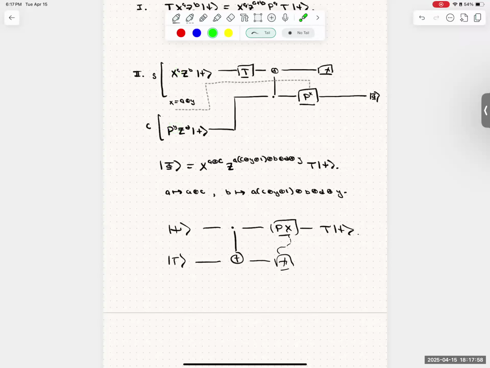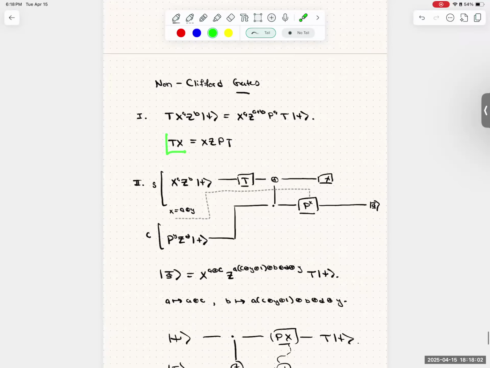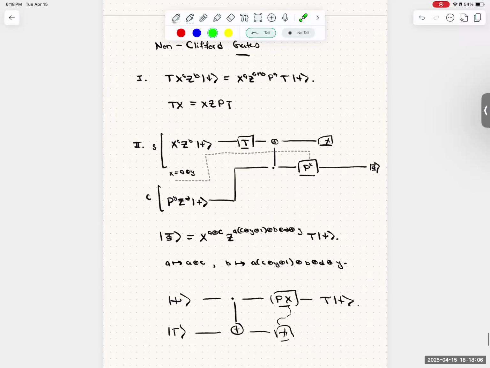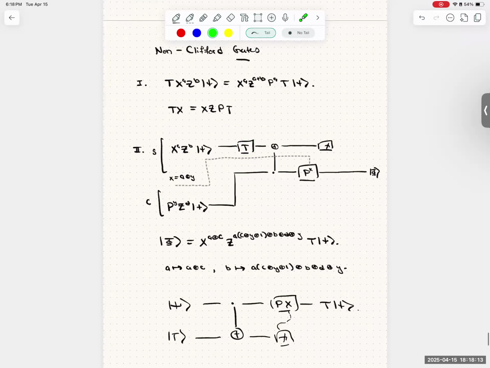Essentially it's all coming down to this commutation relationship. When you apply this thing and you try to start commuting it through, you are going to pick up an extra Z factor and an X factor here, and then this P. So this X equals A plus Y. Why is that?